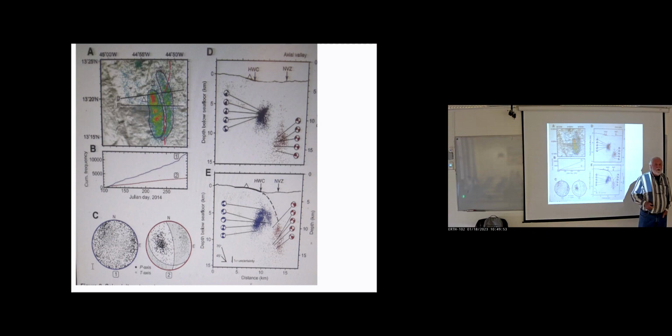More questions. The point I want to make is, besides what we talked about here, I think this work has some significance about the composition of the mantle. Because the composition of the mantle is based on the ultramafic rocks that are exposed so nicely in the oceanic core complexes, and everyone knows they come from the mantle.